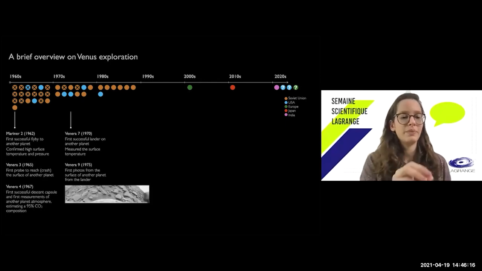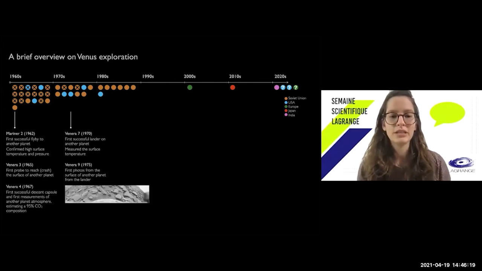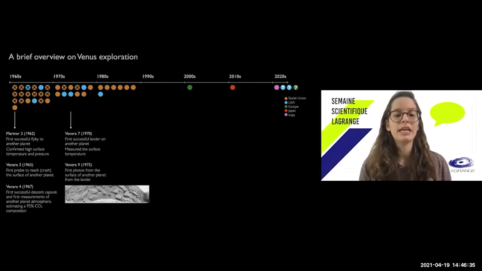And these Venera missions, the Soviet missions, are actually all the information we have about the surface temperature, the surface pressure, and also the composition of the crust, at least the surface, that we know is basaltic because of some measurements of these missions.